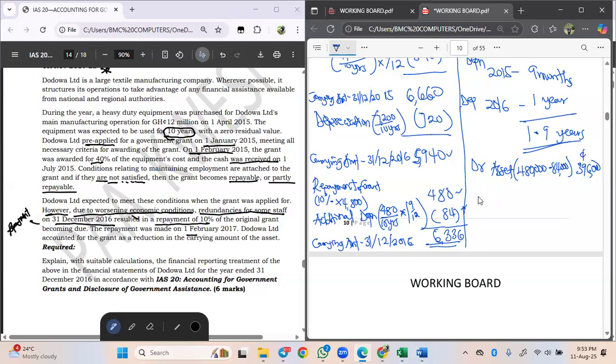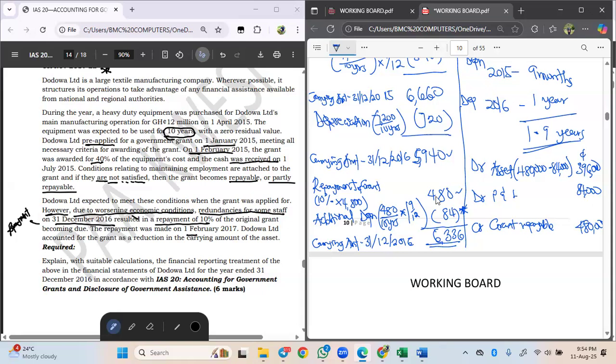Then the depreciation to P&L is 84. Then you credit the grant repayable. How much was it? That's the 480, that is 480,000.